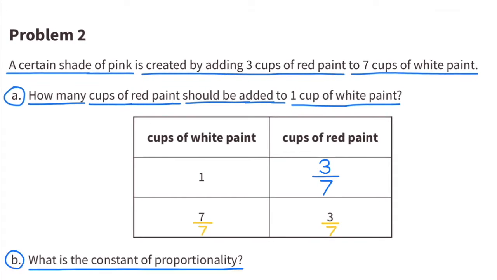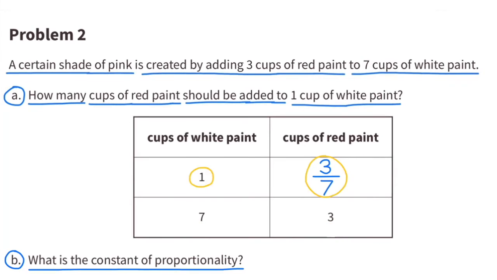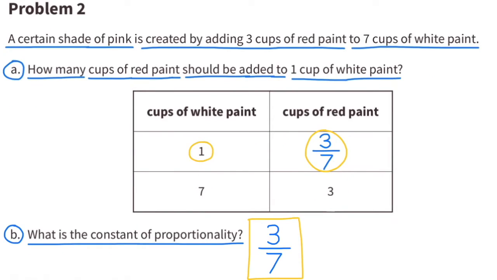B. What is the constant of proportionality? Since there's 1 cup of white paint for every 3/7 cups of red paint, the constant of proportionality is 3/7.